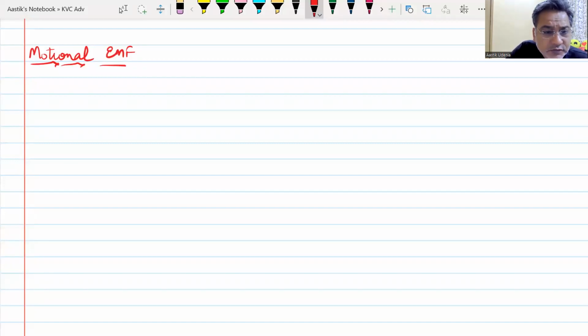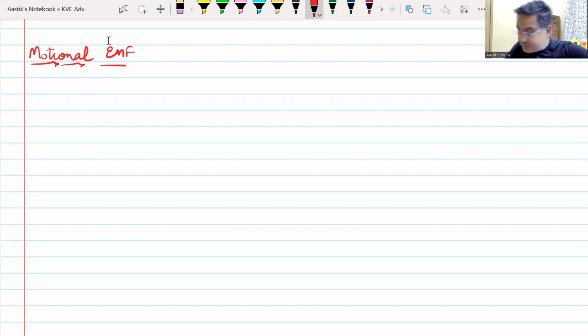Then we move on to the next concept, which is known as motional EMF. Now, what is this concept of motional EMF? If you have a conductor, and the conductor is placed in a uniform magnetic field.